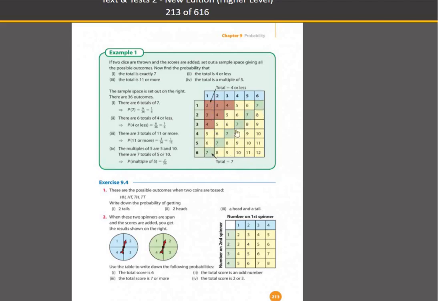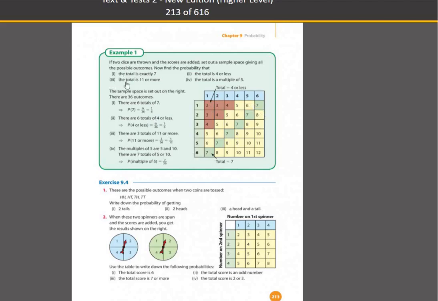What is the frequency of a 7 coming up when you're combining the results of the two dice? Well, you can see here, counting them up, we have 6 sevens. What is the total number of outcomes? 6 multiplied by 6, 36 outcomes. So that simplifies to a 1 in 6 chance of getting a combined score of 7 when you're throwing the two dice.